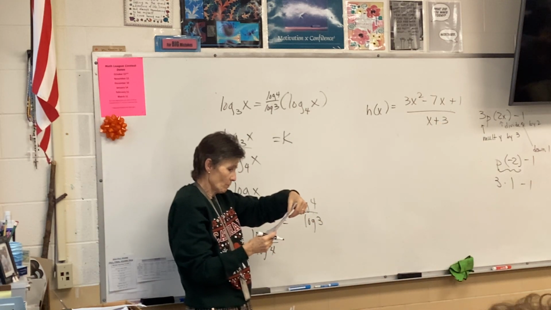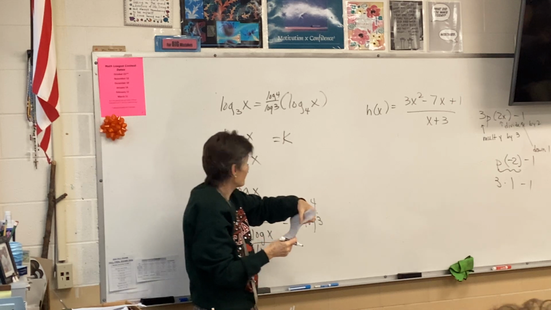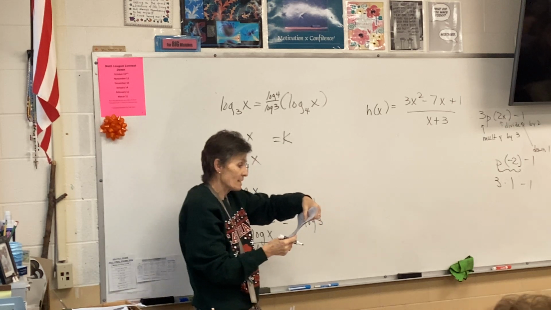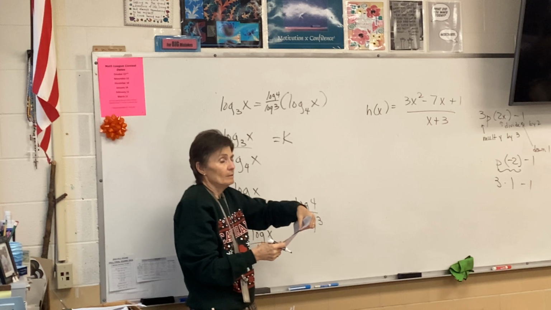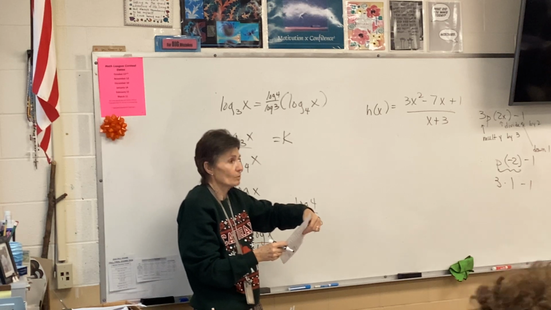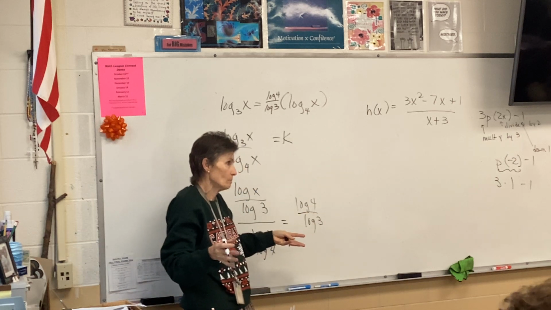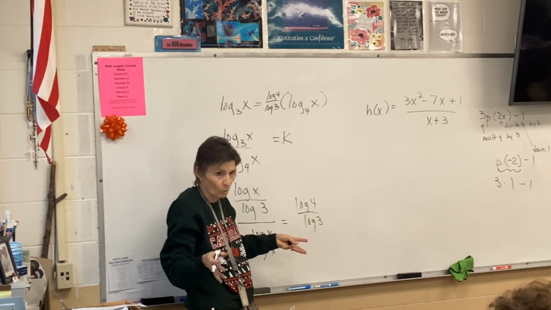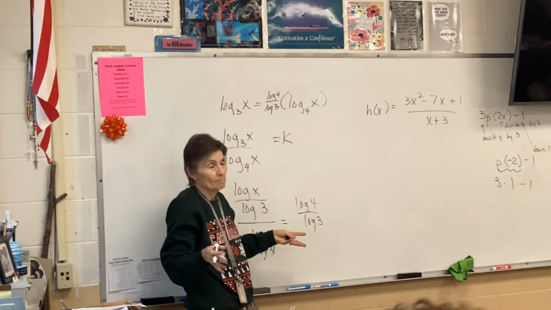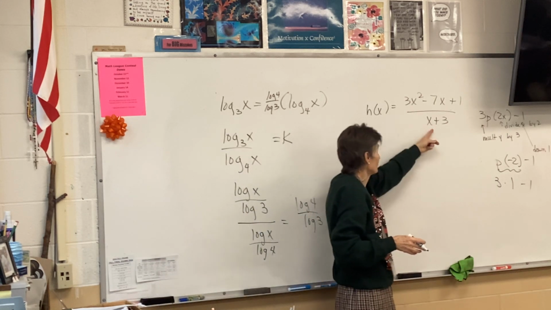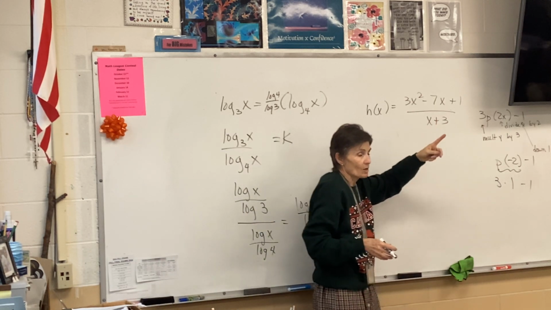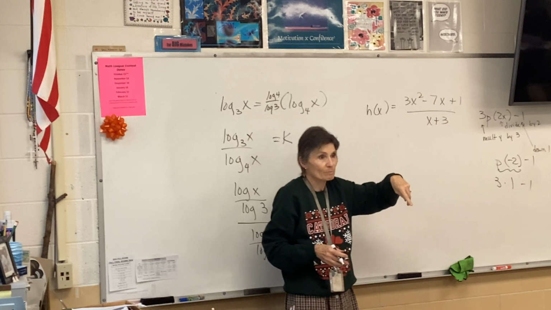And what am I looking for? The end behavior, did I copy it right? The end behavior asymptote. Well, the end behavior asymptote is what we would normally call the horizontal asymptote. But this one doesn't have a horizontal asymptote because that power is bigger than this one. So it has a slant asymptote.